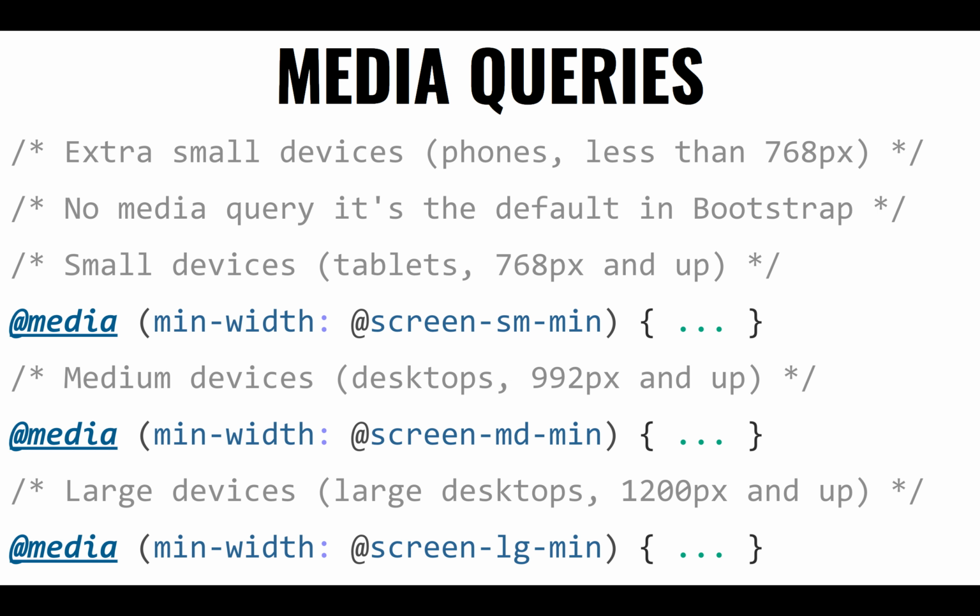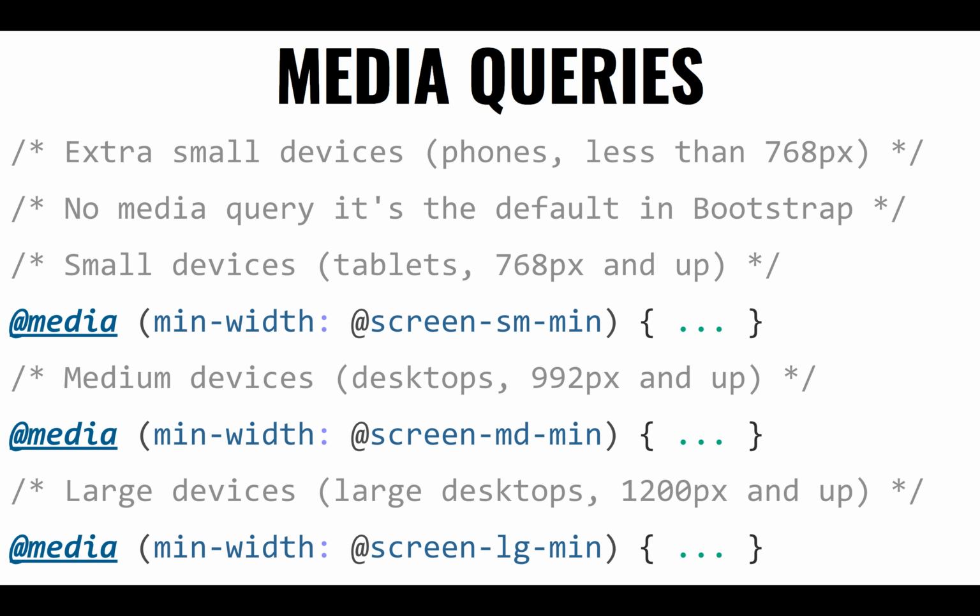Maybe in landscape that might make sense, but when you make it tiny, 12 columns is overkill. You can't even see what the column is. So maybe what you want to do is say, I want this to be column 1, but only on the large screens, and as it starts getting smaller, I might not want it to be column 1.